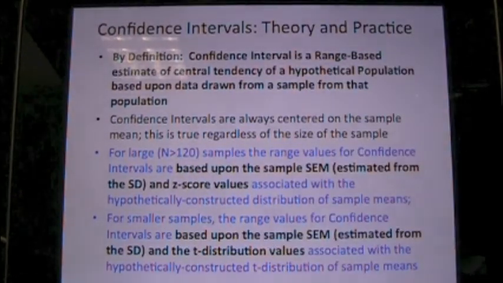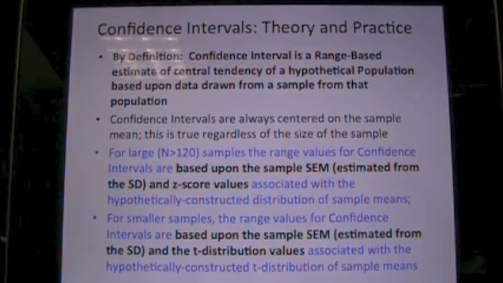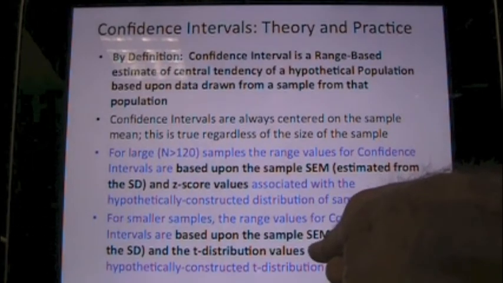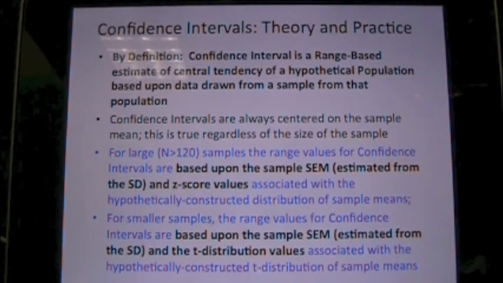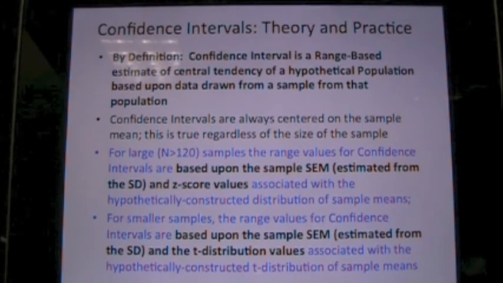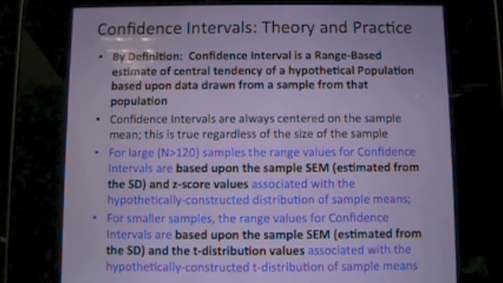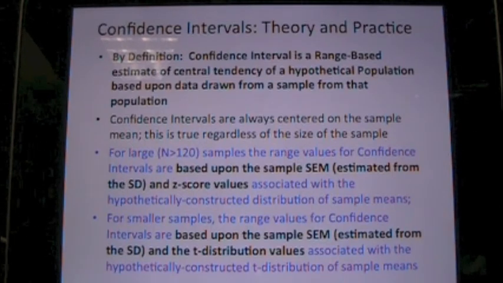For smaller values, the range of values for the confidence interval is based upon the sample standard error of the mean, which you estimate from the sample, and the t-distribution values, which are associated with the hypothetical t-distribution of sample means. All that really explains is why, if the sample size is really big, a 95% confidence interval is the mean plus or minus 1.96 times the standard error of the mean from that sample.